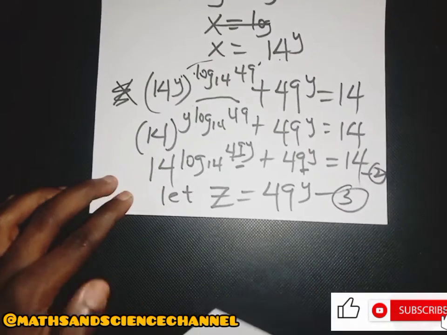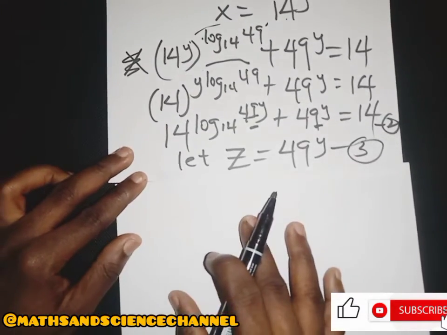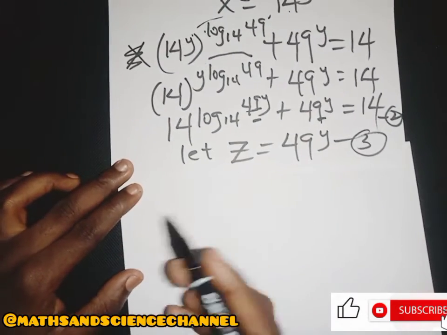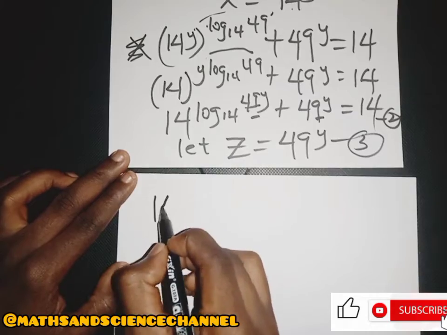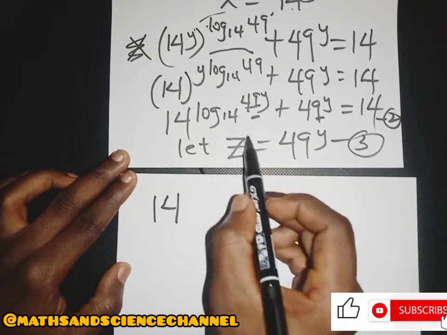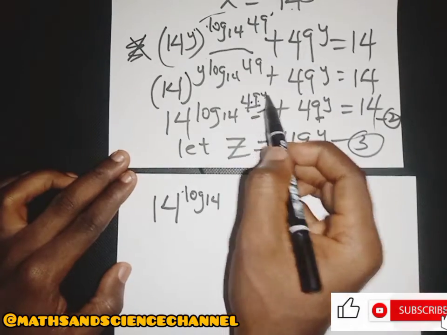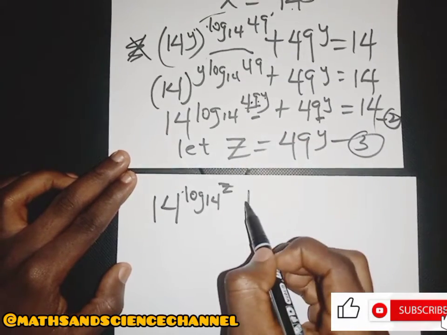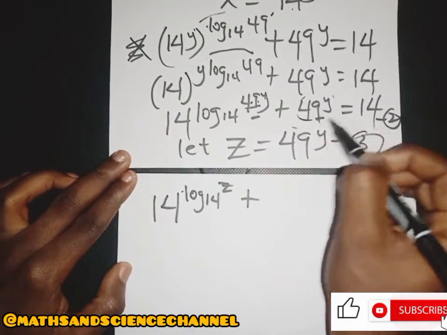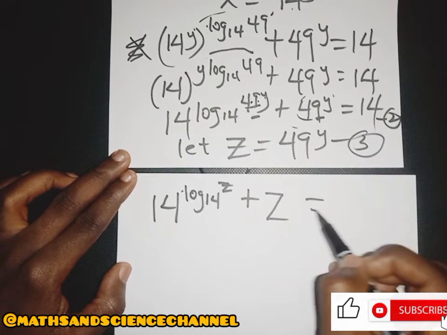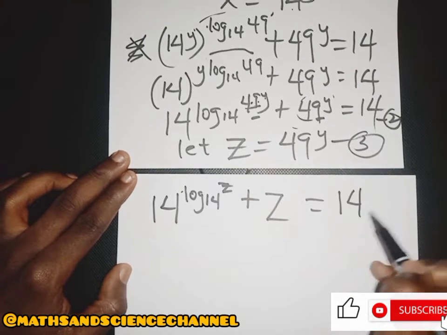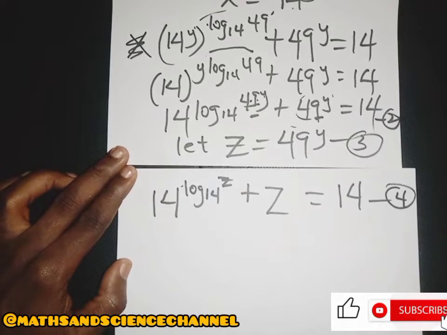From here, we just do the substitution. We have 14 to the log base 14 of z, and remember 49 to the power y is just z, so the whole of this is z being equal to 14, and let's call this one equation 4.